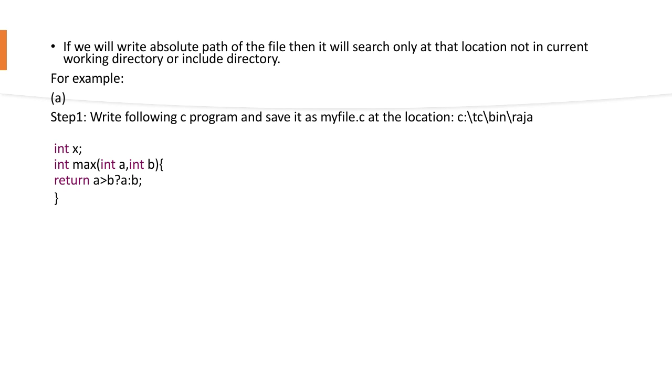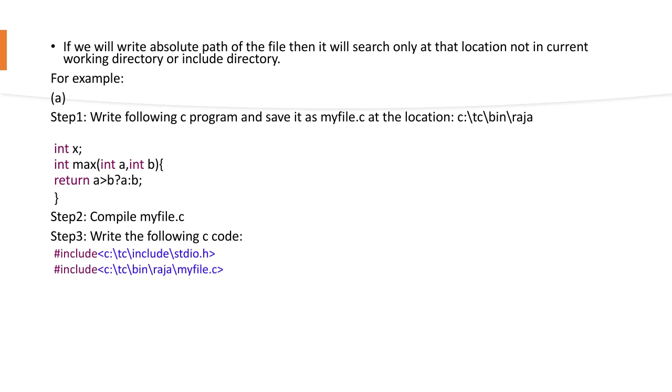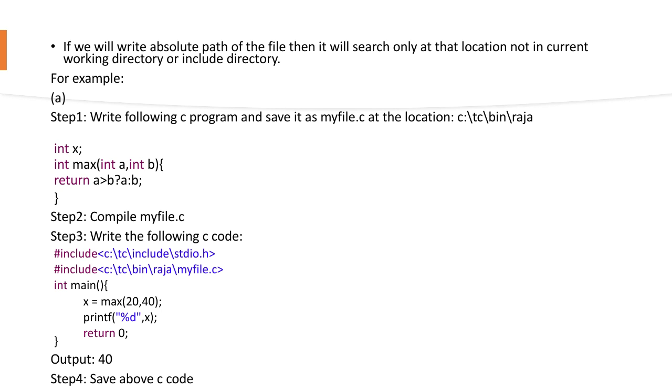Step 2: come to compile myfile.c and write the following code. I have #include stdio.h, #include myfile.c, and then I'm trying to print the output of x. The output should be 40. So save the above code, then compile and execute it.